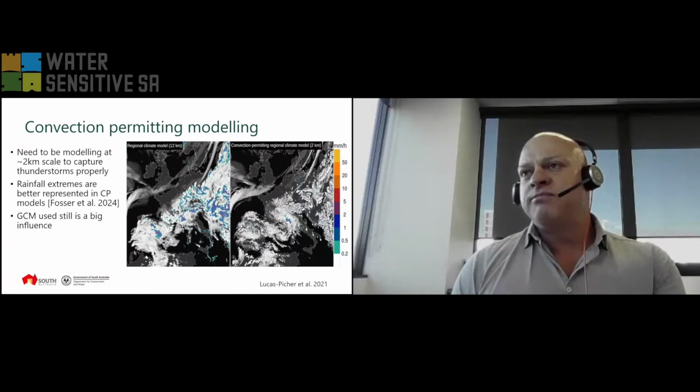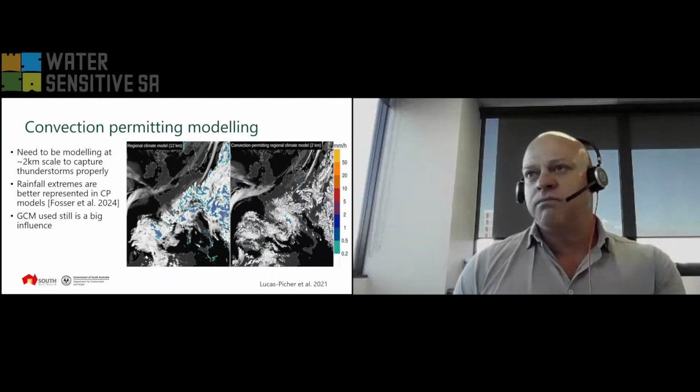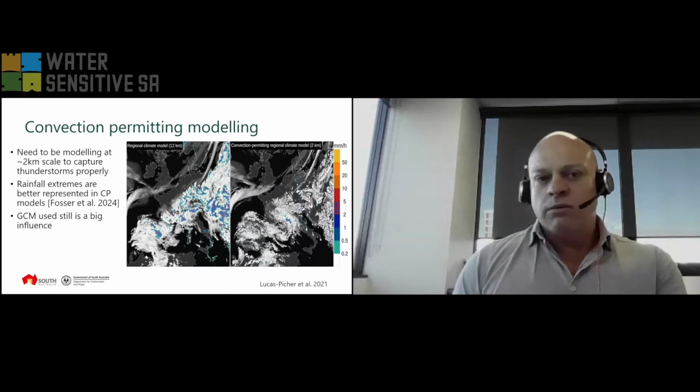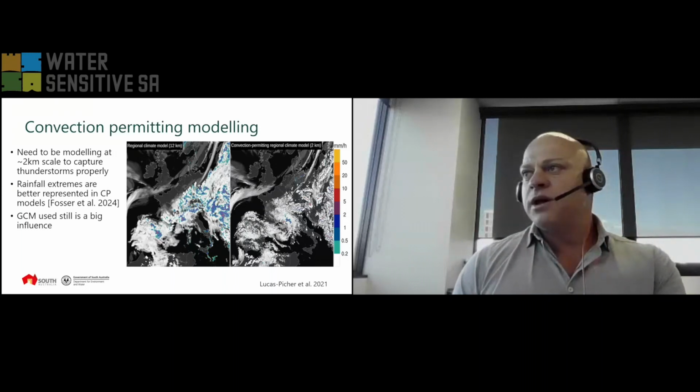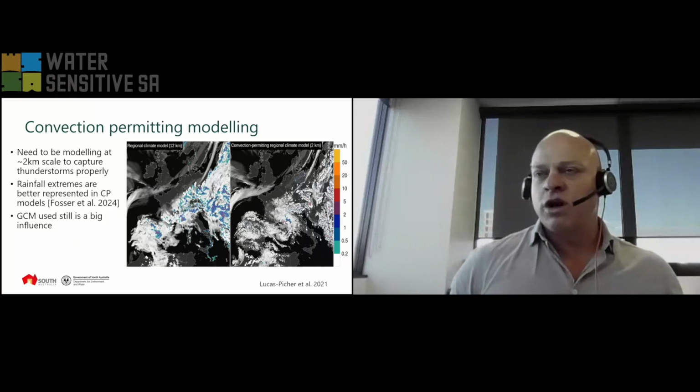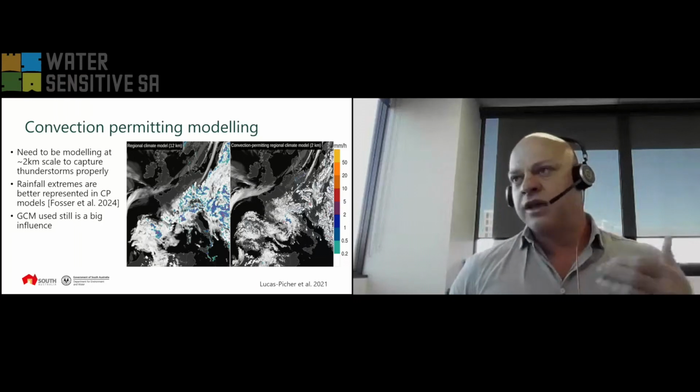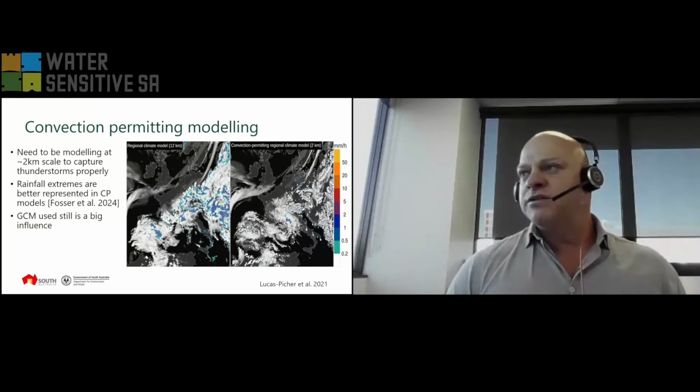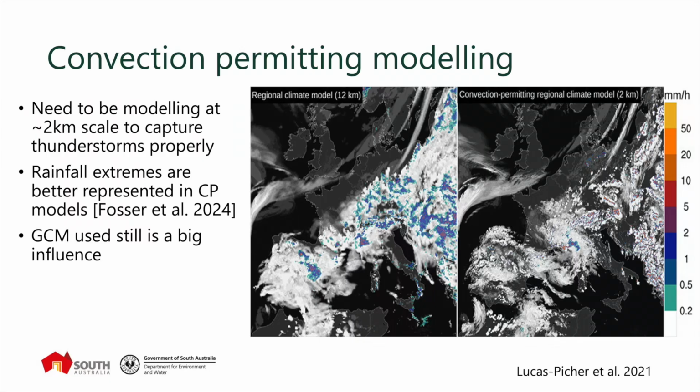So we've probably got maybe 5 years of work, or maybe even a bit more, before we can actually start getting some really robust climate projections coming out of the global climate modelling, going through the downscaling, and then coming out into information that can really start supporting rainfall extremes decisions.